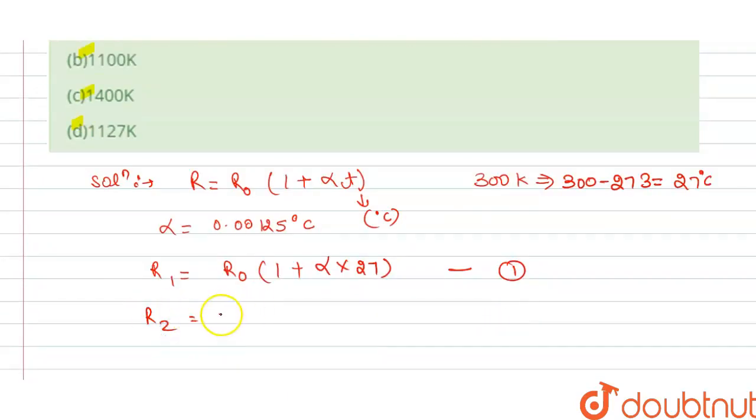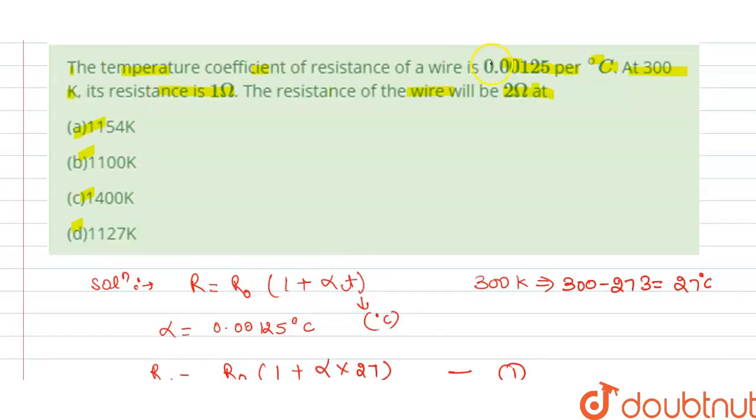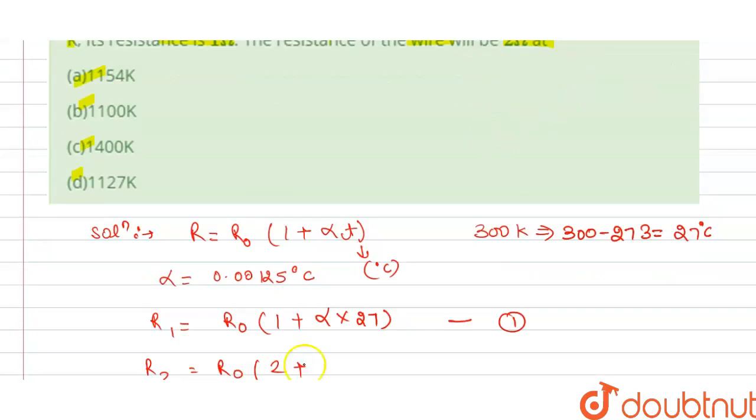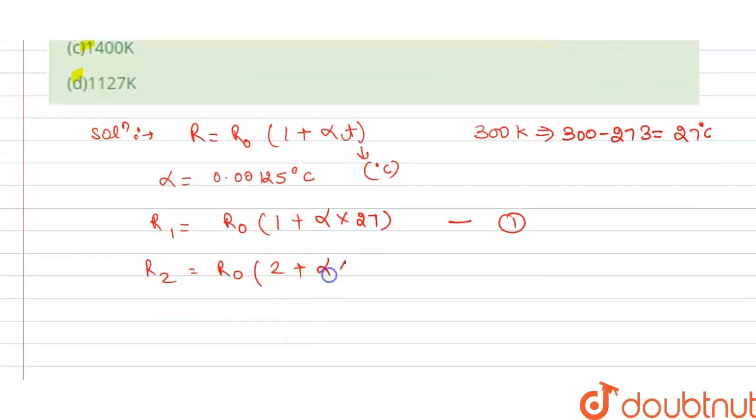For resistance 2 we have R naught times (1 plus alpha T2), and this is 2 ohm, it is given to us, and we have to find the temperature here. So this is our equation 2.